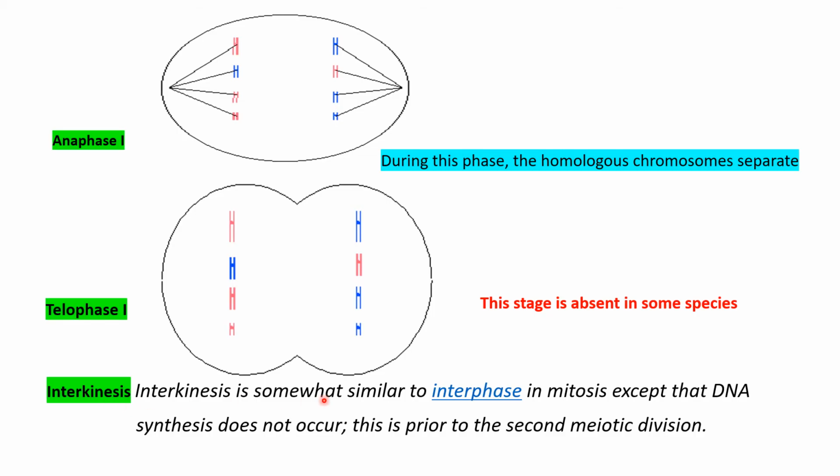Interkinesis is somewhat similar to interphase in mitosis, except that during interkinesis, DNA synthesis does not occur. Recall that in mitosis, DNA synthesis occurs during interphase. Interkinesis occurs just prior to the second meiotic division.